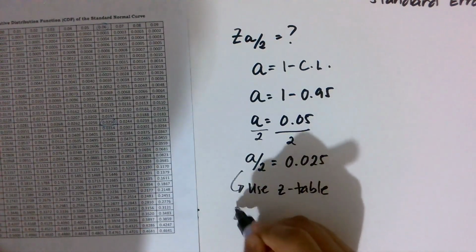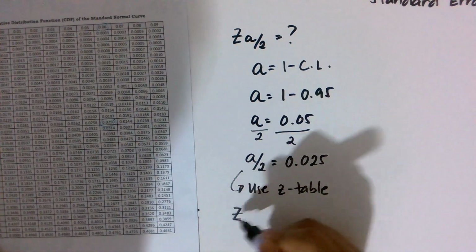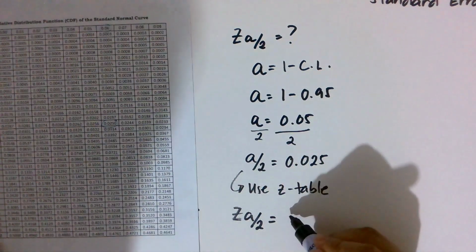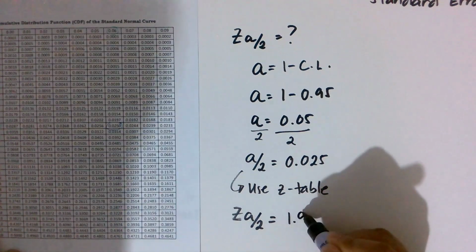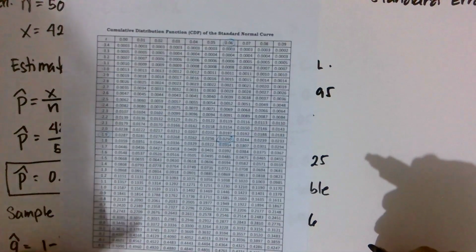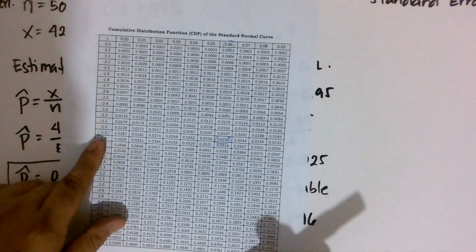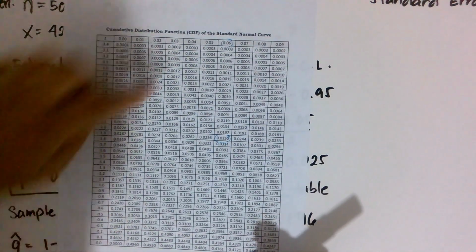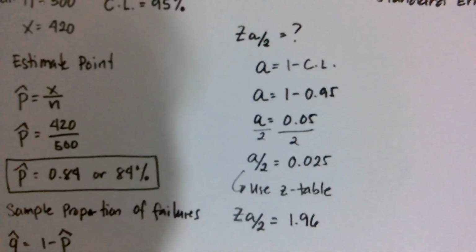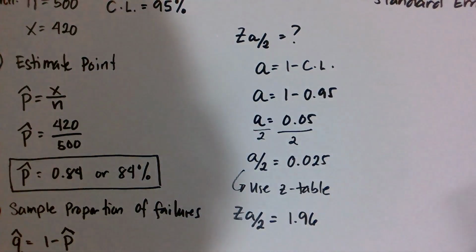So our Z sub alpha over 2 is 1.96. Ayan. Kita nyo naman, 1.9. Tapos, sa taas niya ay 0.06. So, pag pinag-add natin sila, that's 1.96. Okay, so now we have already the Z critical value.